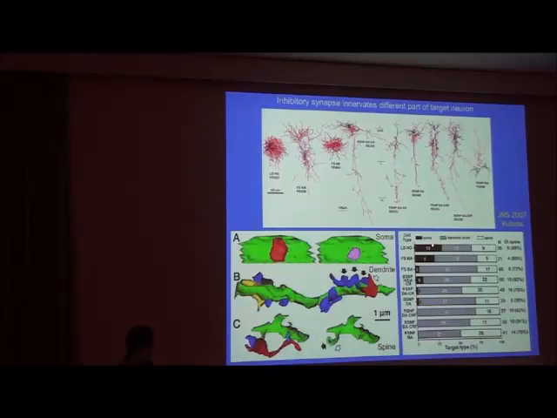So you can see somatic innervation is done by late spiking neurogliaform cells and fast spiking cells, and also some of the double bouquet cells. But the others, especially the marginal cell, don't innervate soma at all. Their main target is the dendritic shaft.